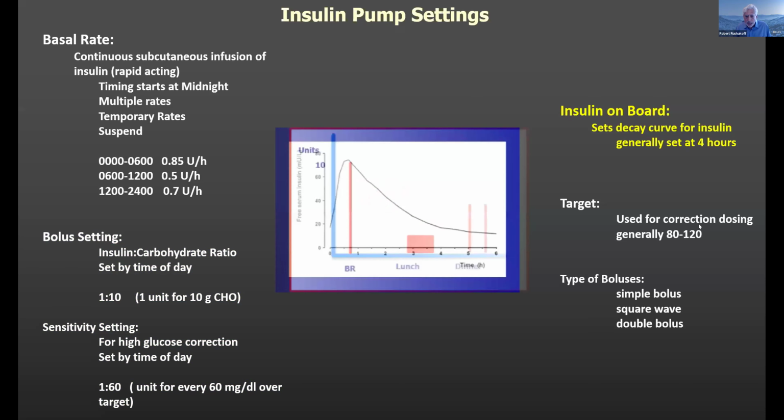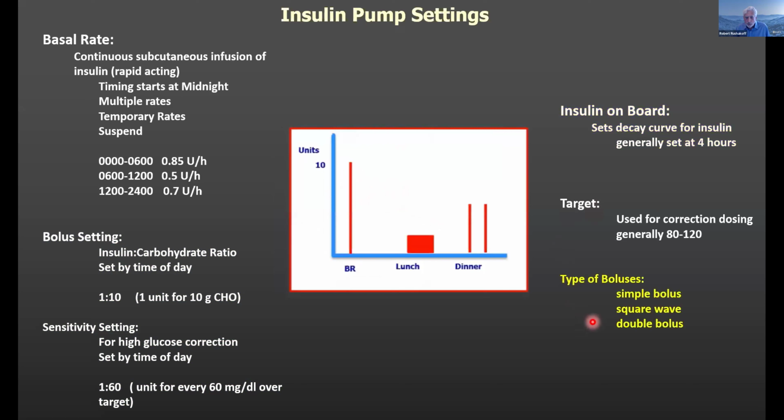And finally, we would have our targets and types of boluses for meals, which don't do much for anesthesia, but you can, in the pumps, give a single bolus pre-meal, a prolonged bolus, like for a piece of pizza, sometimes a dual bolus from before the meal and after the meal. Although it turns out for the new pumps, none of this matters. Just a single bolus of insulin before the meal is the most appropriate.